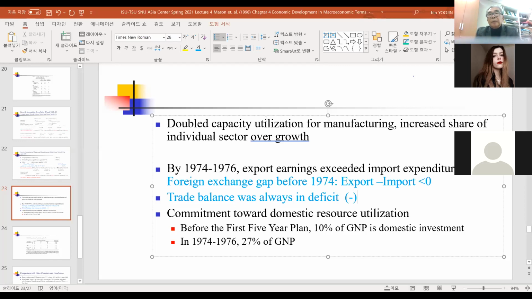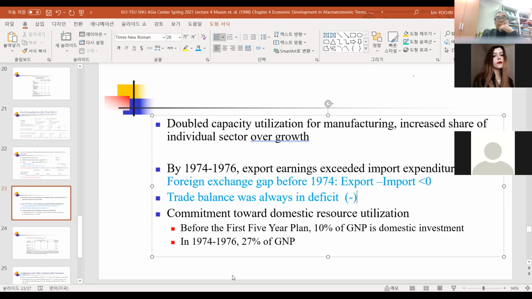But that turned around. Why? Because of successful manufacturing industrialization. They could export a lot of wigs, a lot of labor-intensive products, a lot of shirts, a lot of little smaller cars, for example. So they could make a lot of export earnings, and they could afford importing. So they avoided trade imbalance and made the trade balance positive, right?